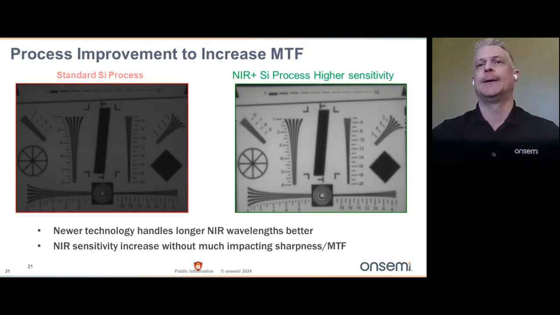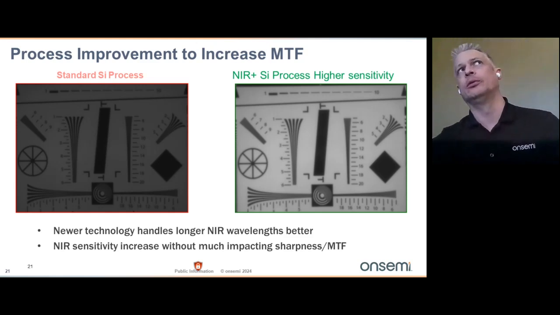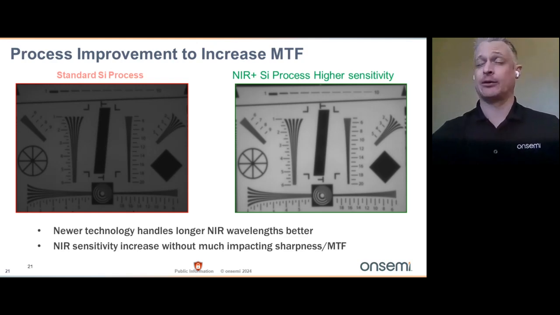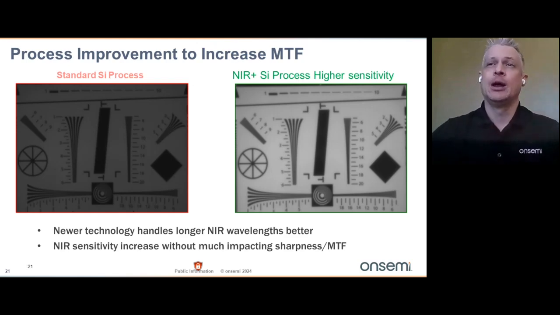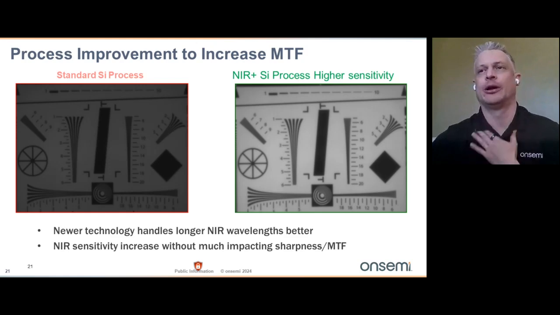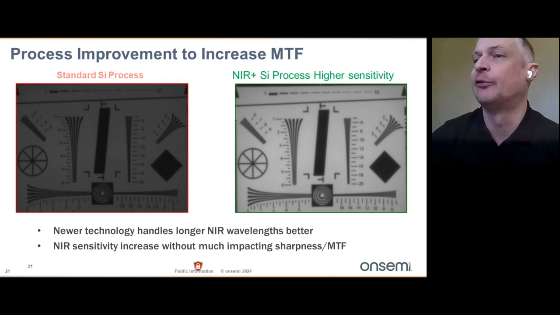That technique is a way to scatter light such that the light doesn't go beneath the photodiode, but allows that light to come into the photodiode. In that sense, you don't lose any MTF, but now you're improving your NIR. So this, I think, is also a key trend in the industry, which is improving the near infrared response, especially as you start looking at a lot more of the devices using infrared LEDs for their lighting.